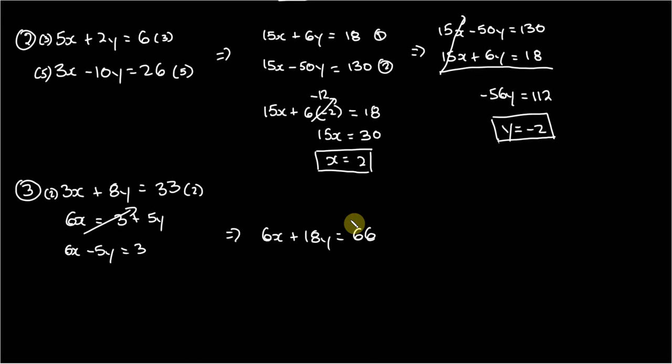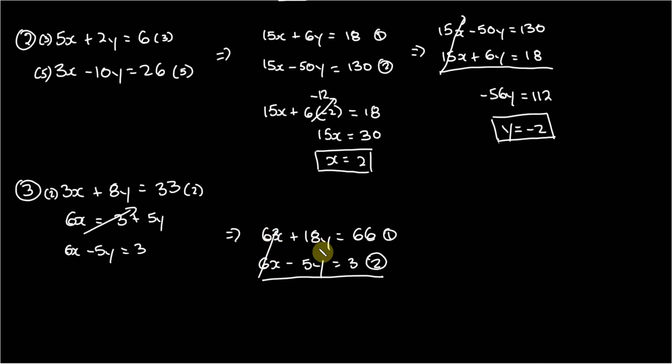And now we can just write the second equation at the bottom. So 6x minus 5y equals 3. So this is equation 1, this is equation 2, and we're going to subtract. So 6x minus 6x just cancels.